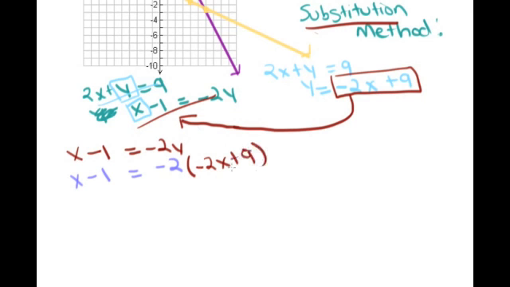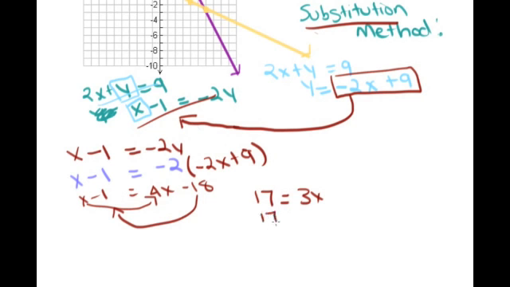Now that we have one variable, we know how to solve this. So we do x minus 1 equals 4x minus 18. So if we move this x over here and this constant over here, we know that 3x is equal to 18 plus negative 1, which is 17.